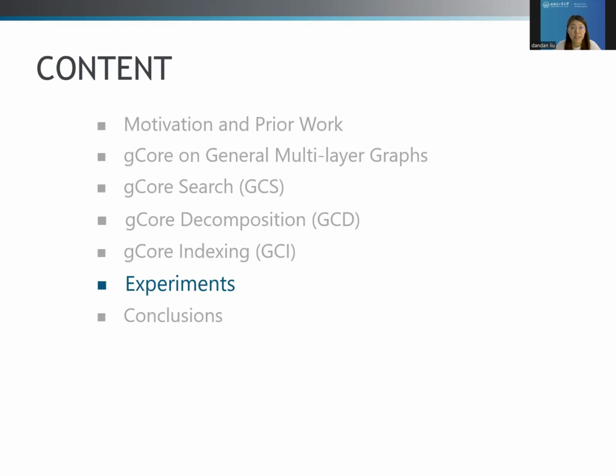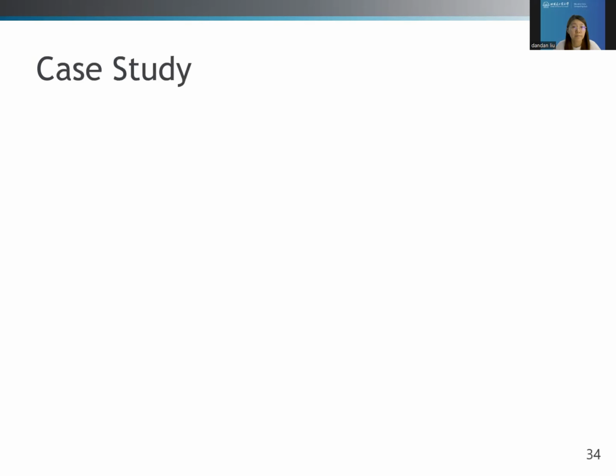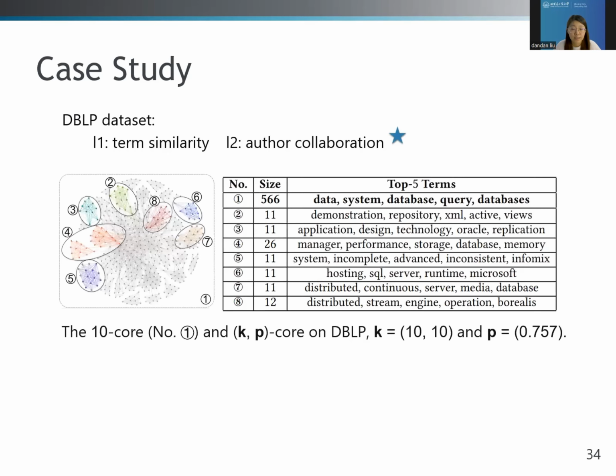I'll next show some key experimental results. To demonstrate the effectiveness of our G-core model, we conduct a case study on a 2-layer graph, DBLP. Focusing on the author layer, we extract connected components of the k-core and the KP core, partially shown in this figure. The table reports their sizes and their shared research interests among the authors for each connected component.